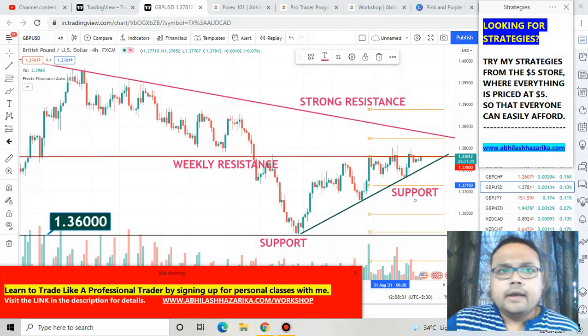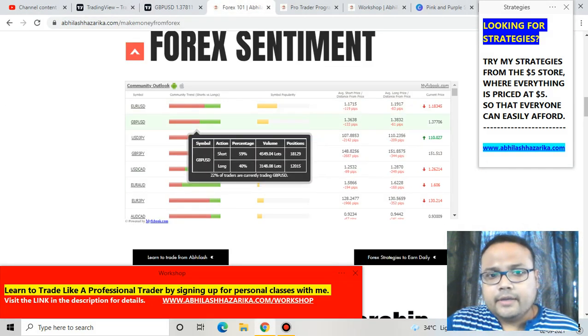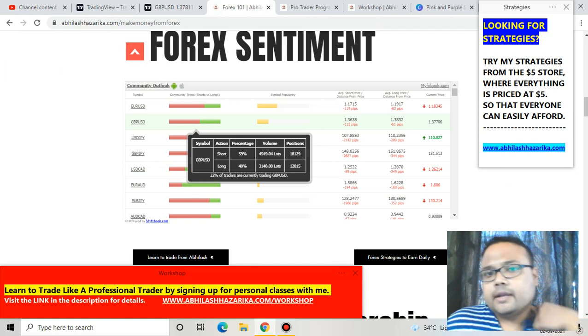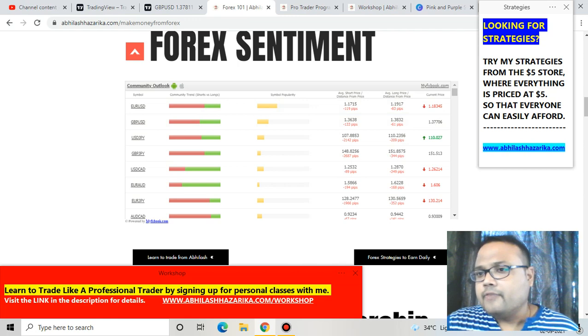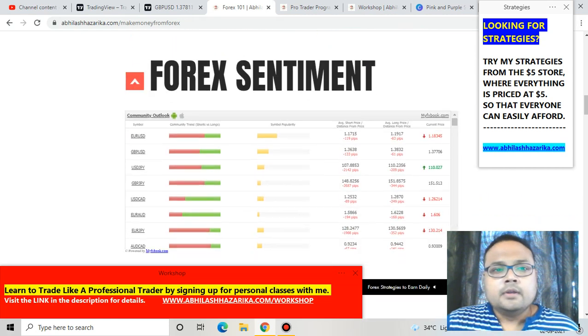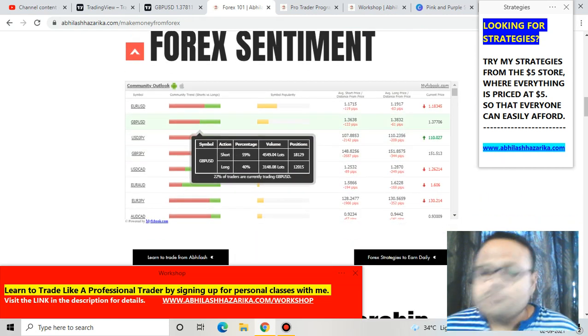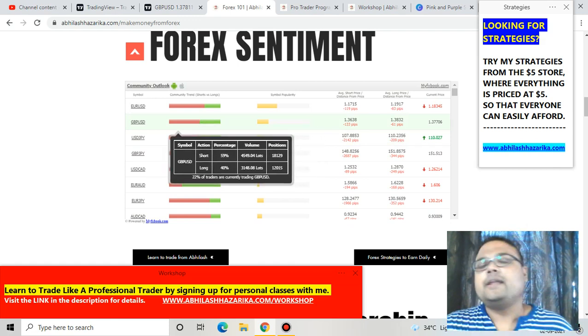Clear? And my dear friends, if you go to the Forex sentiment meter here, you can see that 59% traders have taken short position and 40% traders have taken long position. And you'll find the Forex sentiment meter on my website abhilashhazarika.com under Forex 101 section. So almost 60% traders are thinking market will be going down, and as we all know, 90% retail traders lose money.